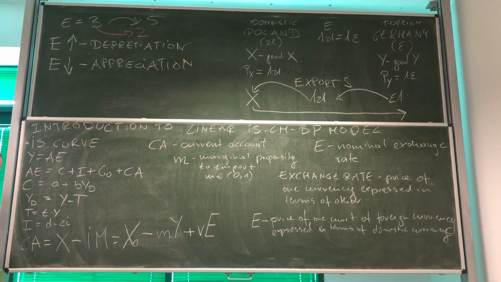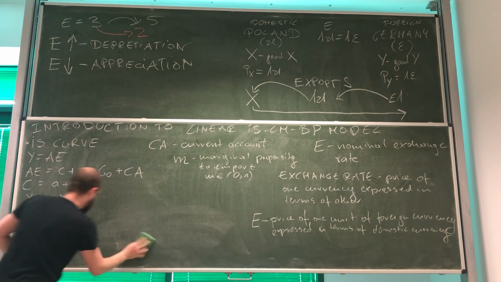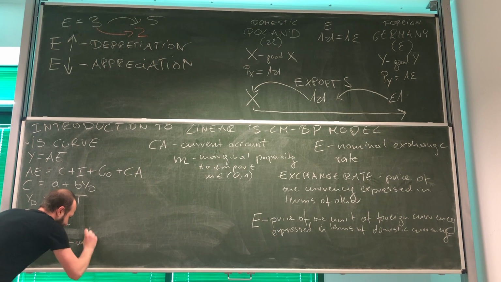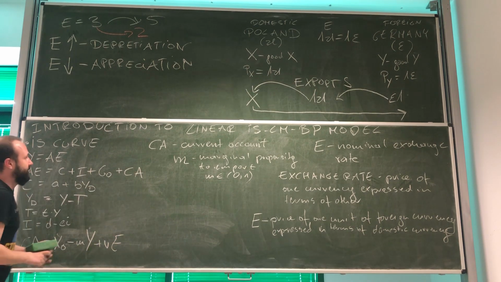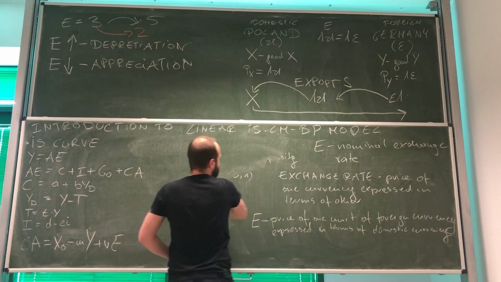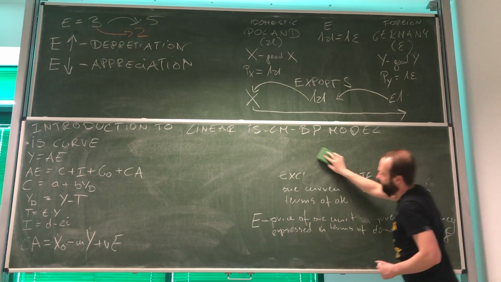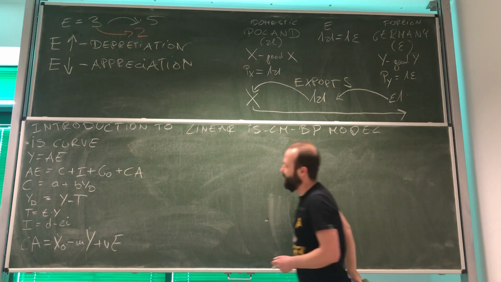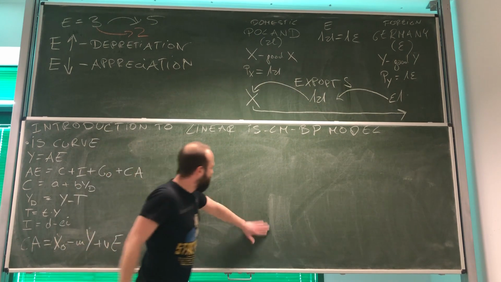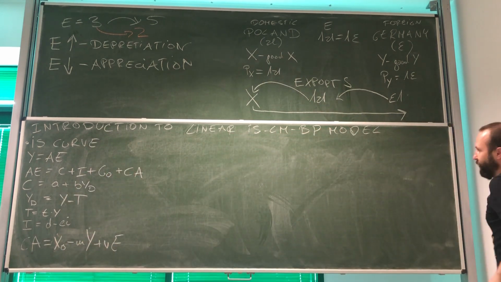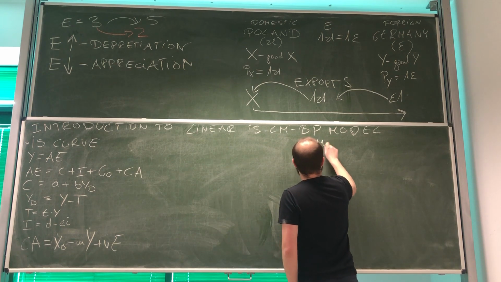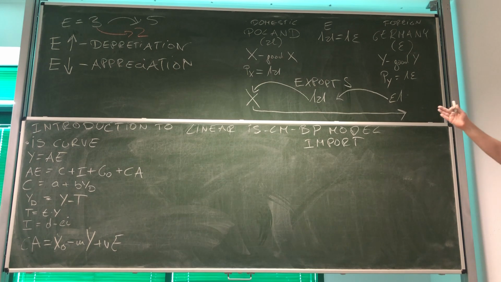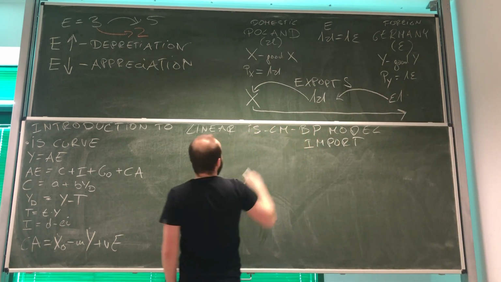Okay. Now, I'm going to continue over here. Okay. So, what's happening next? Well, we can also show how the imports work, right? If we've got imports, it means people from Poland are buying stuff from people from Germany.